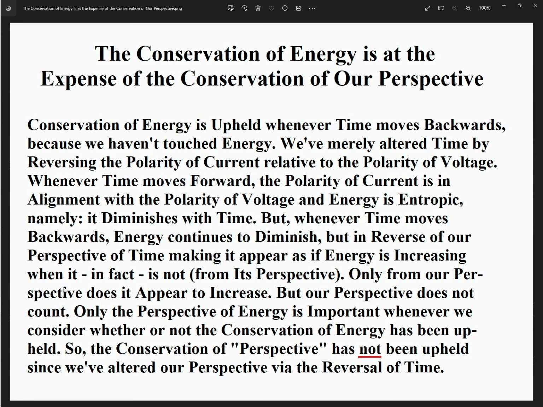If he comes back soon enough before his brother dies, then you find out that the guy in the rocket didn't age, while the guy on Earth who stayed behind aged considerably. Well, time has been sacrificed because perspective has been sacrificed, yet energy has been conserved. And it applies to the reversal of current just as much as it applies to the reversal of time, because the reversal of current is nothing more than the reversal of time and vice versa. It's the same thing.